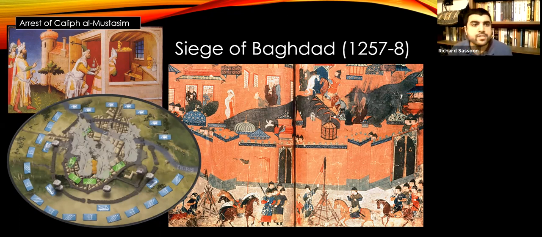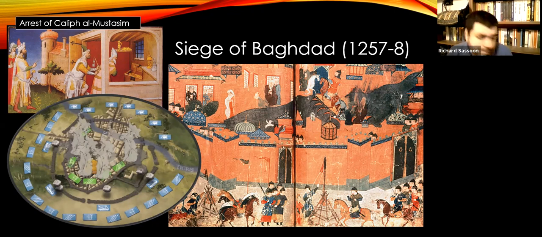But you can see in the upper left-hand side a different rendition of what had happened, which is that Caliph al-Mustasim was locked away in a room where all he had was gold, because he had resisted the Mongols to preserve his wealth.